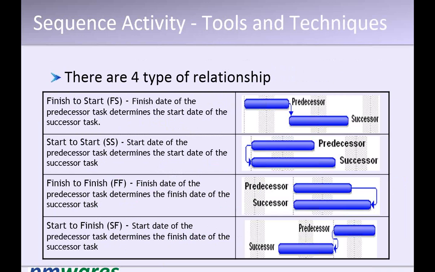In some cases we put SS, where the start of the predecessor directs the start of the successor. The third is finish to finish, where the finishing of the predecessor directs the finishing of the successor, so the successor cannot finish unless the predecessor is finished. And start to finish means some activity has to start for the other activity to finish.